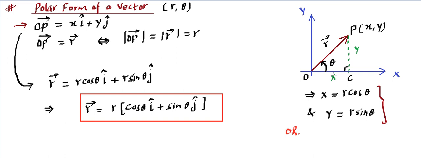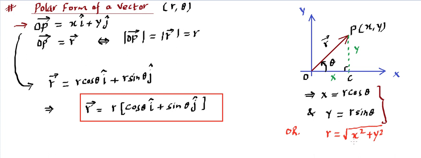The hypotenuse is going to be the square root of X square plus Y square, or you can simply say you square and add these numbers. So from here you get the R value, which is equal to the square root of X square plus Y square. You can justify this in n number of ways. That means the R vector has a magnitude, the magnitude OP, which is equal to the square root of X square plus Y square.